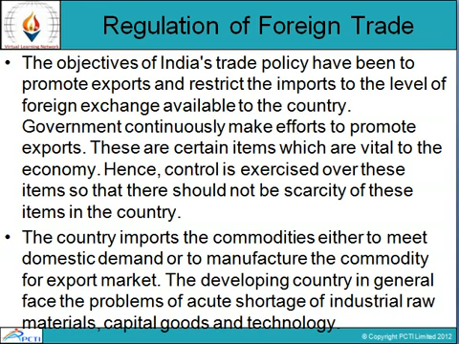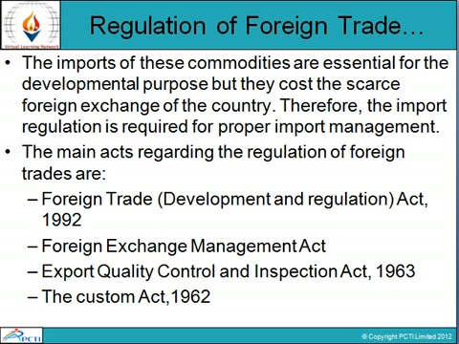The developing country faces the problem of acute shortage of industrial raw material, capital goods and technology. The import of these commodities is essential for developmental purposes, but they cost the scarce foreign exchange of the country.